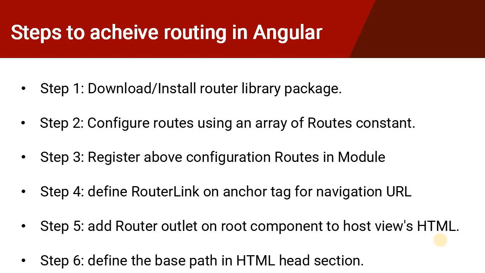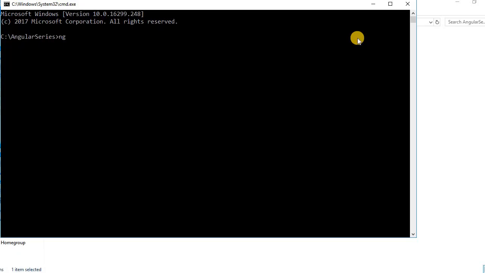So let's create a Angular application using Angular CLI and see how we can achieve routing using those steps. So to create a new Angular project with Angular CLI, the command is ng new and the project name. So here we are getting routing and navigation.